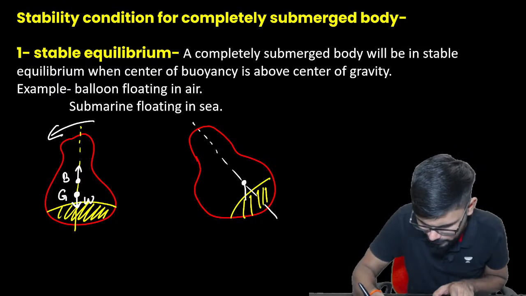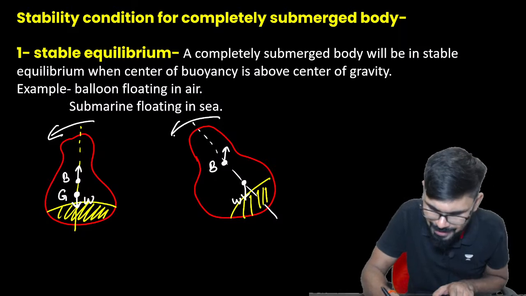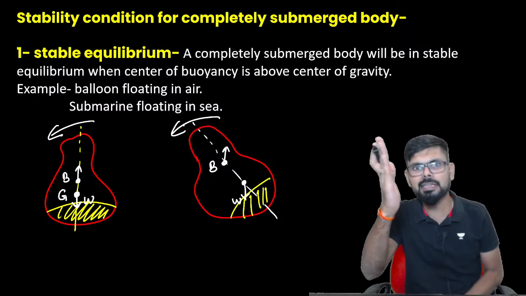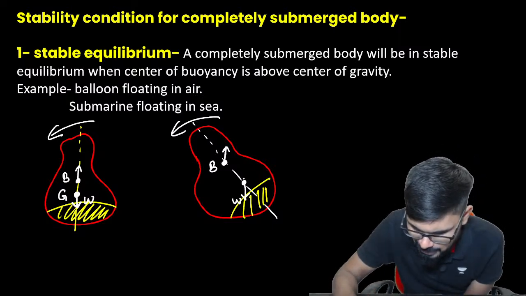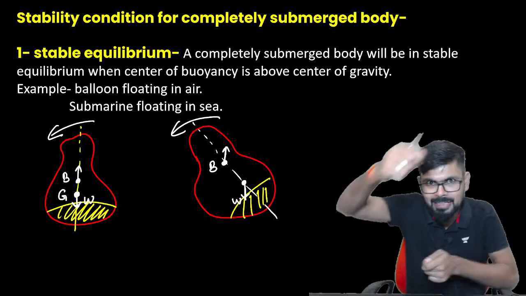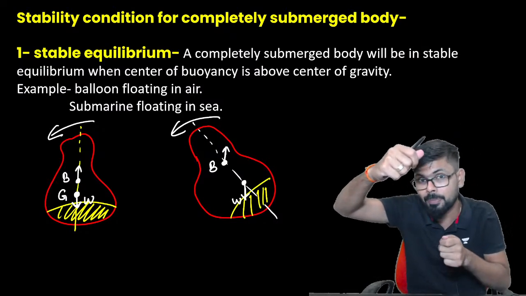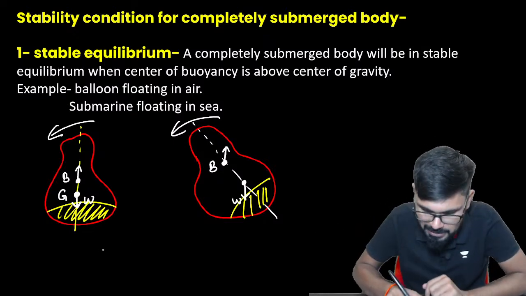So this is weight W, and this is buoyancy force B. We are tilting it in this direction, and automatically one couple acts. See this couple, how it appears. We are tilting in this direction, but a couple is going to act in the opposite direction. Clear? So basically this is stable equilibrium.